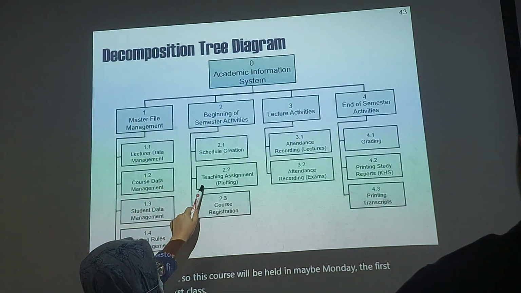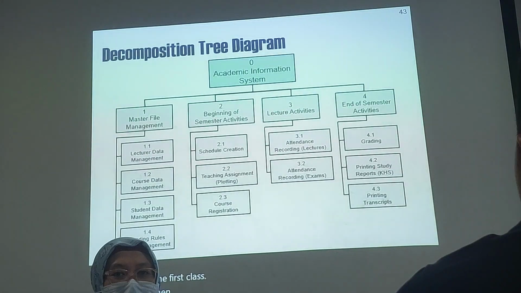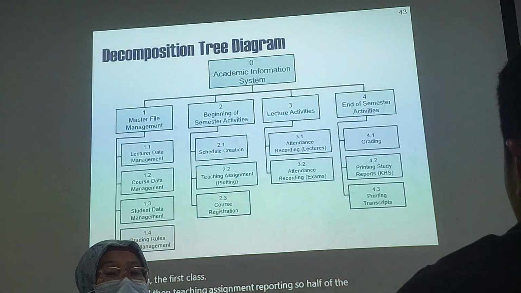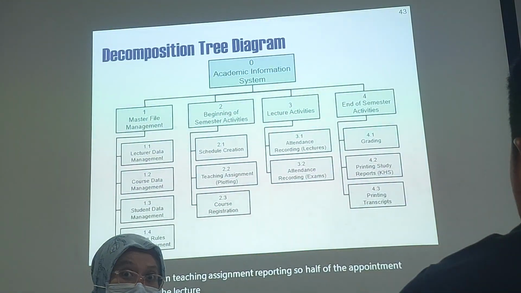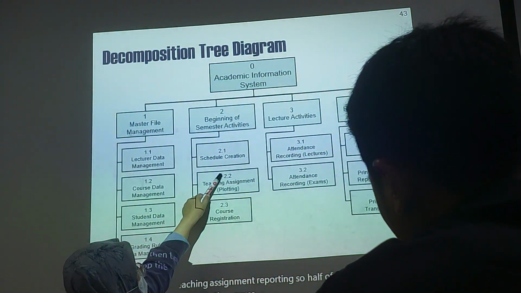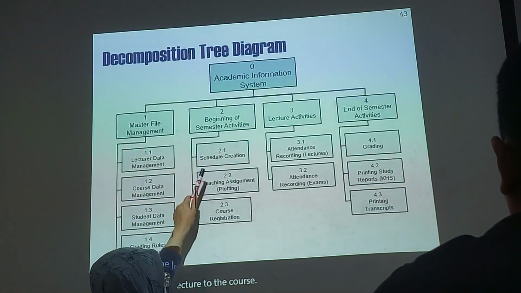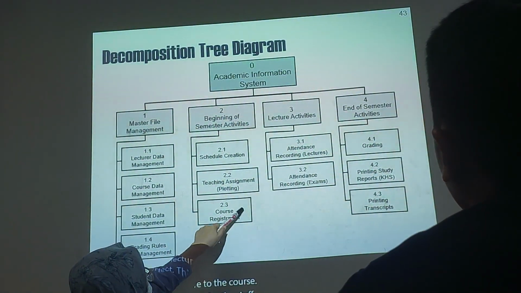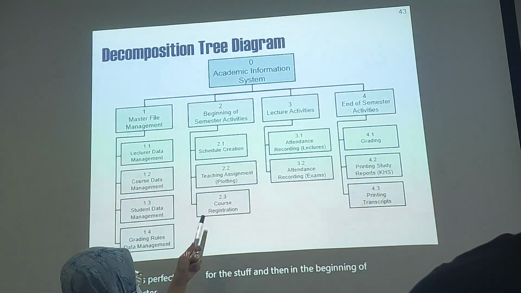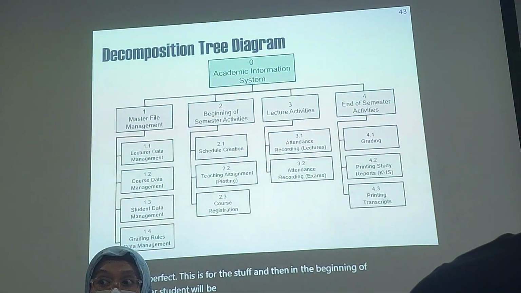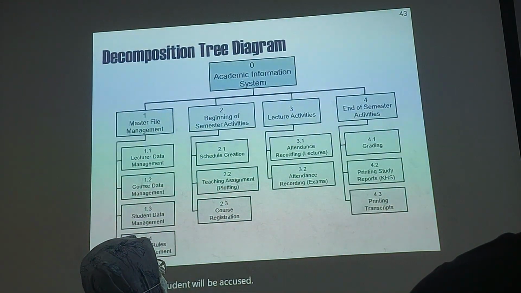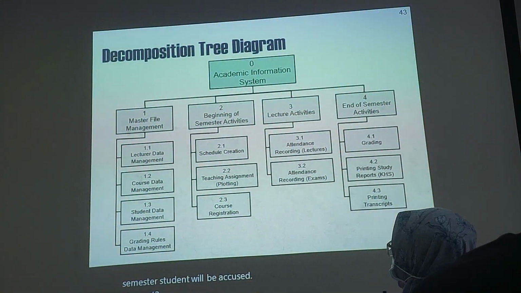Then teaching assignment plotting: the head of department will plot the lecturer to the course. Then at the beginning of the semester, students will register their courses, the courses taken in the following semester.